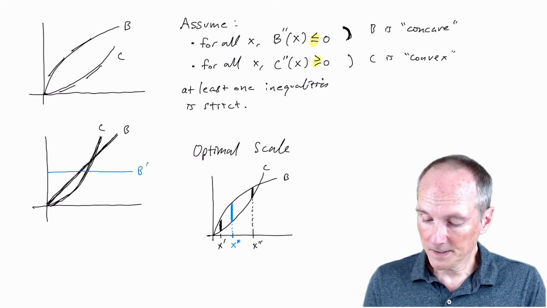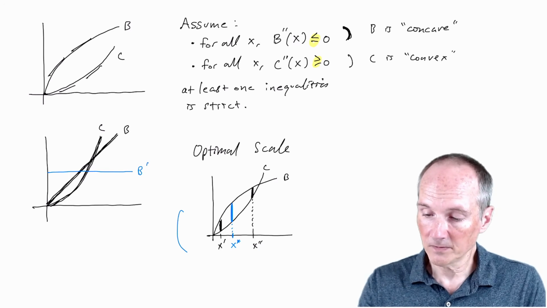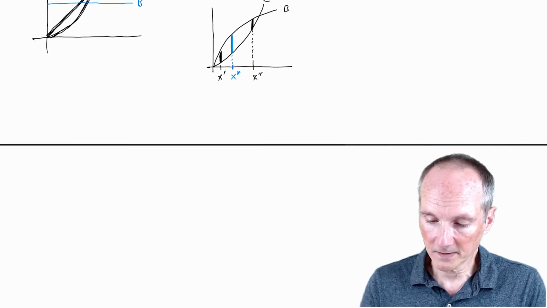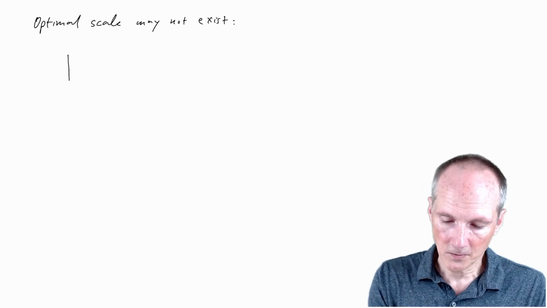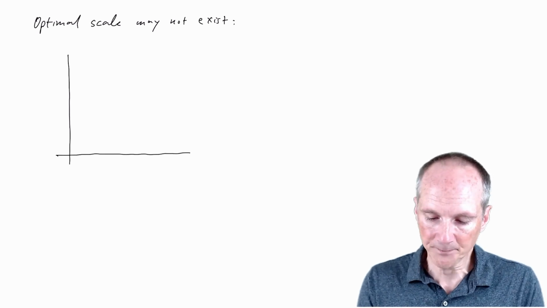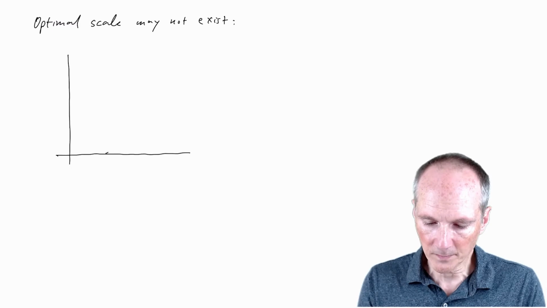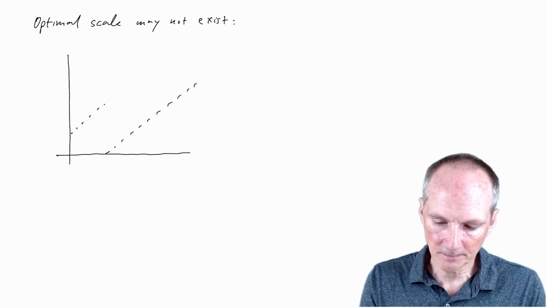Okay, this is just one picture where there is one, but we can draw another picture where there's not. Okay, so the way I'm going to draw this is I'm going to draw two lines that are parallel.